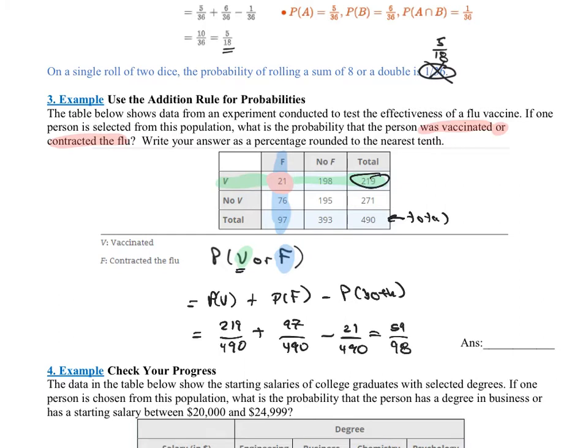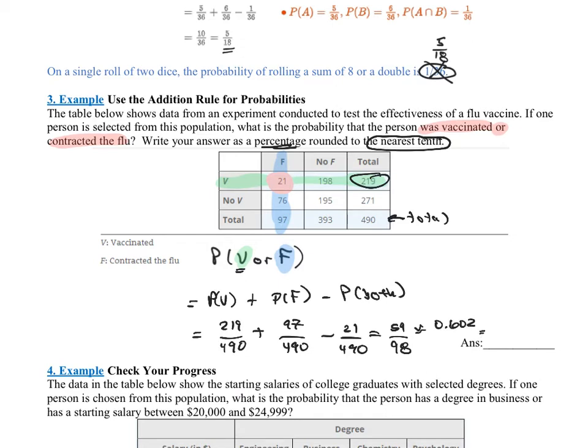Again, though, I hate these simplified fractions. That's what my calculator gave me. I hate simplified fractions in real-world problems because the 59 over 98 really gives me nothing. So on this problem, I'm going to reread the question, and it actually says it wants us to write it as a percentage rounded to the nearest tenth. So if I approximate this as a decimal, I would get 0.602, but that's not a percentage.